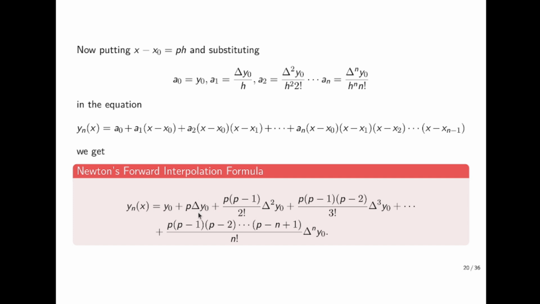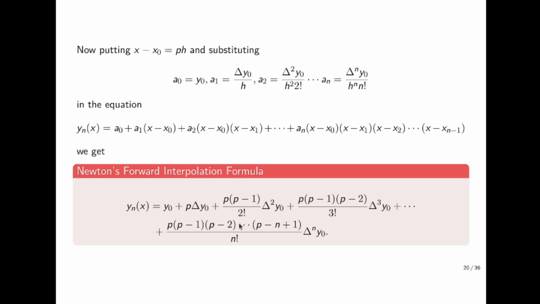It will become p delta y0, plus p times (p minus 1) by 2 factorial delta square y0, because a2 is delta square y0 by 2 factorial h square. x minus x0 is ph, and for x minus x1, you can change x1 as x0 plus h.